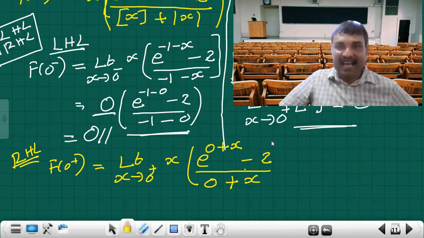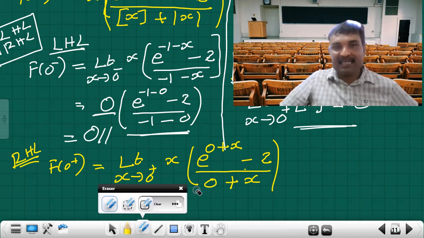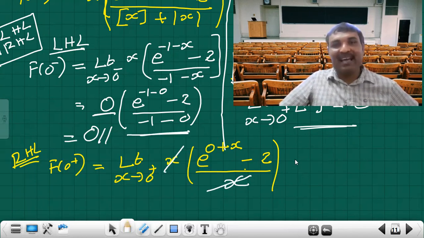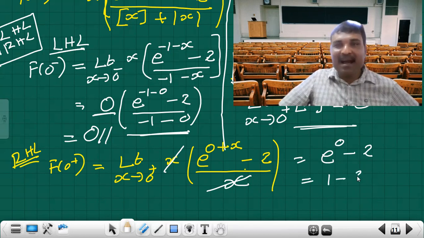Modulus of x is x, right? Now what happens? The denominator becomes 0 plus x. What is 0 plus x? 0 plus x is simply x, right? This x in the numerator and denominator gets cancelled. Now we can apply the limit. e raised to 0 minus 2, that is equal to 1 minus 2, which is equal to minus 1.